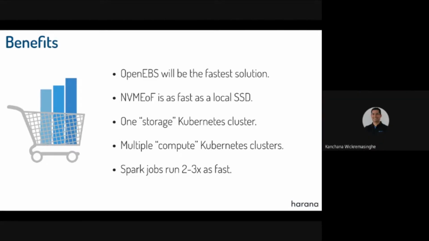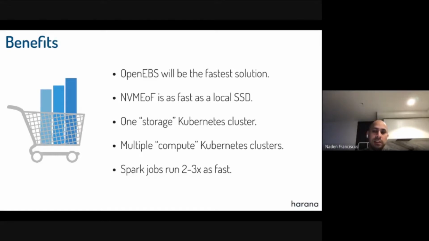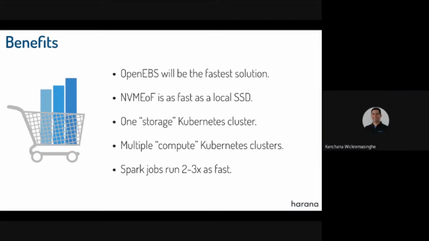AWS has an option called FSx for Lustre, which is a very impressive technology. It allows you to mount a remote file system, kind of like an NFS share, but extremely fast. The only challenge is that the cost is quite expensive. I think there's a minimum cost of maybe a few hundred dollars a month. So that's the only downside.